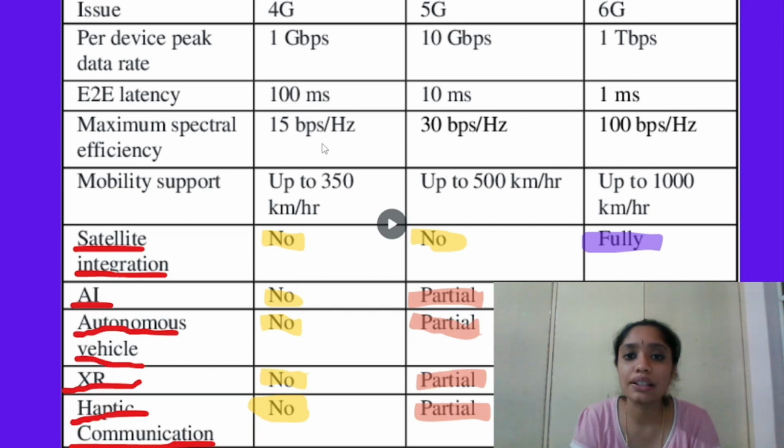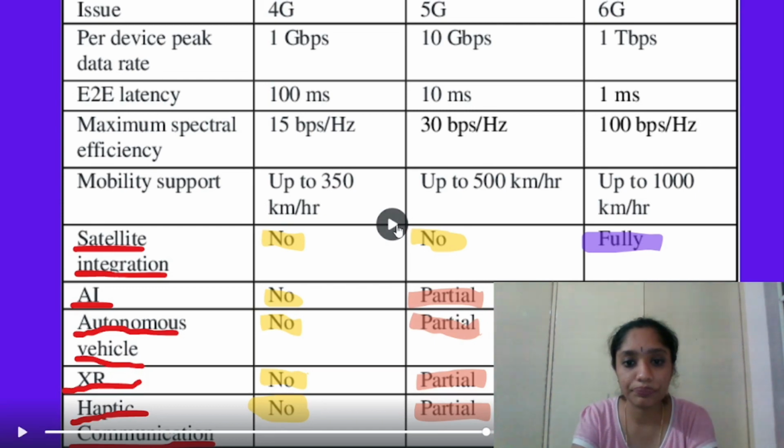In 5G there is a partial advancement in XR. In 6G it is full. Haptic communication. In 4G, there was no haptic communication. In 5G, it is partially implemented. And in 6G, haptic communication is fully advanced.